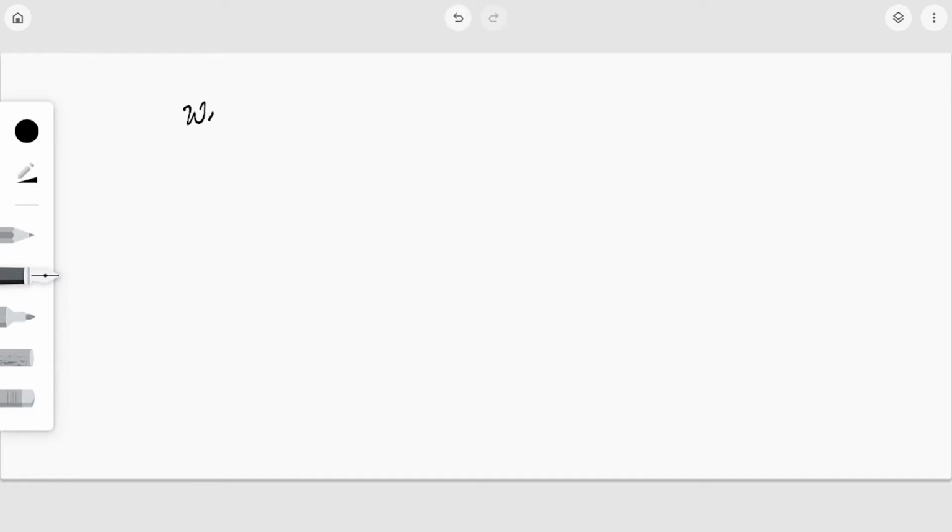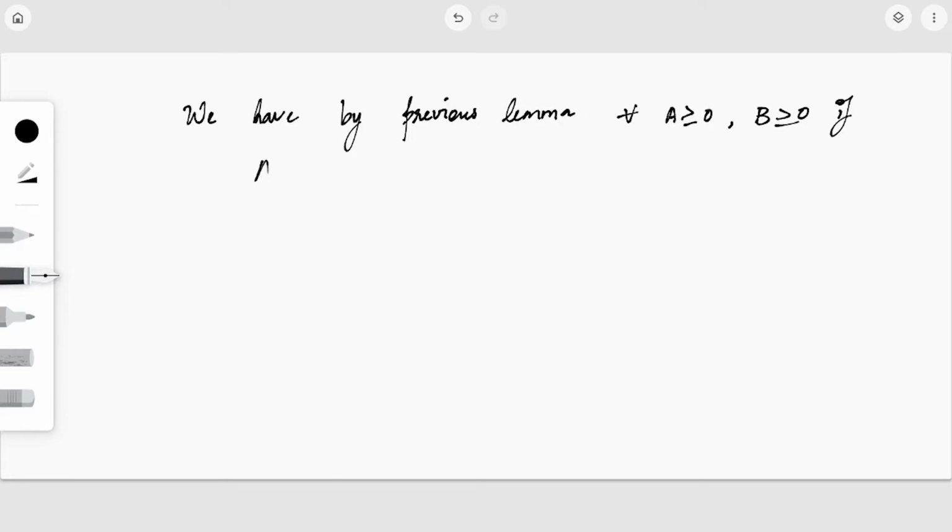We have by the previous lemma, for every A greater than or equal to 0 and B, if AB equal to BA, then root A into B equal to B into root A, right? So let's see if AB is greater than or equal to 0.